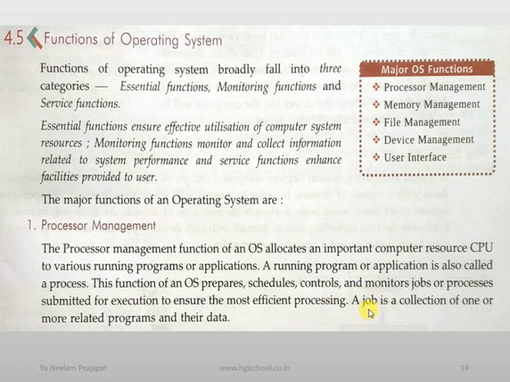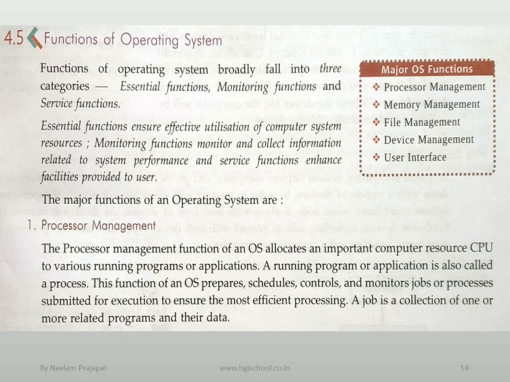Now, a job is a collection of one or more related programs and their data. That means in a program there can be many jobs. Like if we are using MS Word, then in that particular MS Word also there can be many jobs.